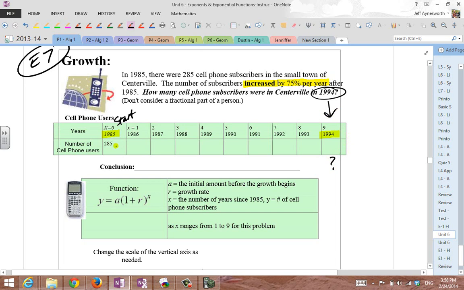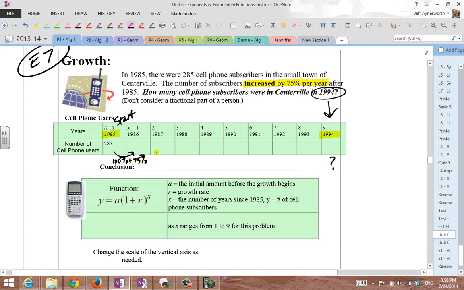All right, that means after 1 year later in 1986, there was a 75% increase. So that means that from year 1985 to 1986, there was a 75% increase. So instead of having just 100% of what you have, which is 285, it had 100% plus 75% more.